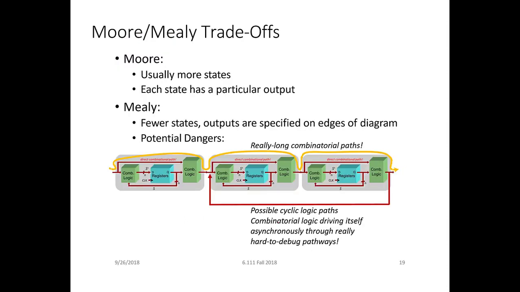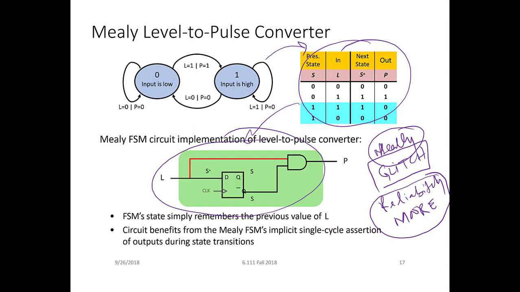So this is basically for Mealy FSM. You see in the Mealy FSM, the output comes directly from combinational logic. So if you want, you can add a register here, and this register will synchronize this output to the next digital system.